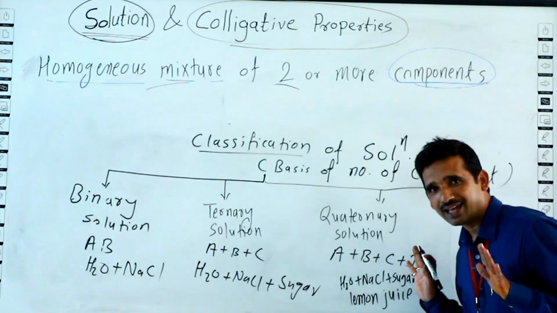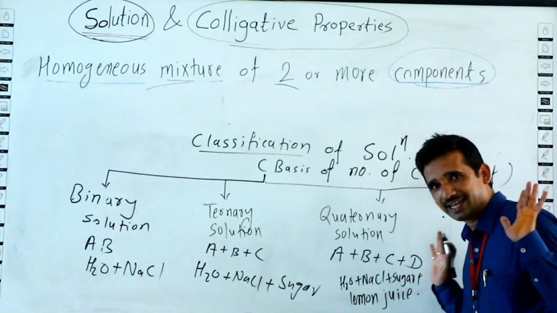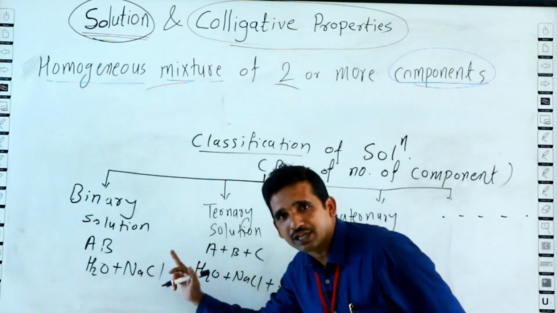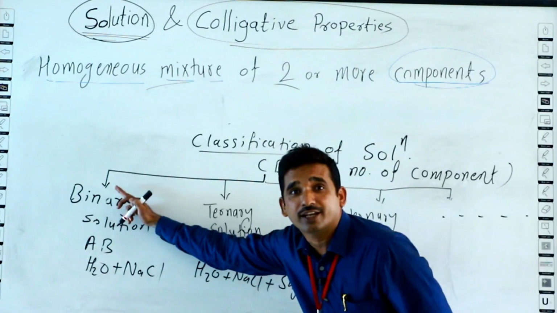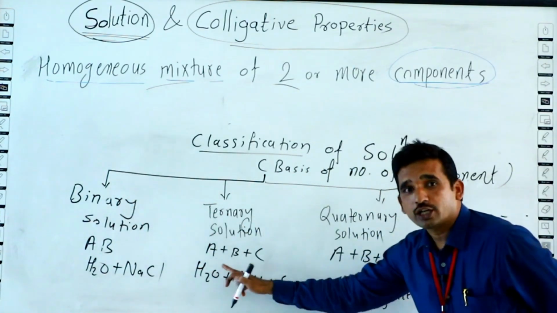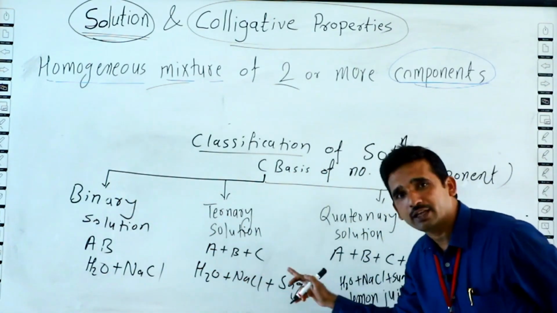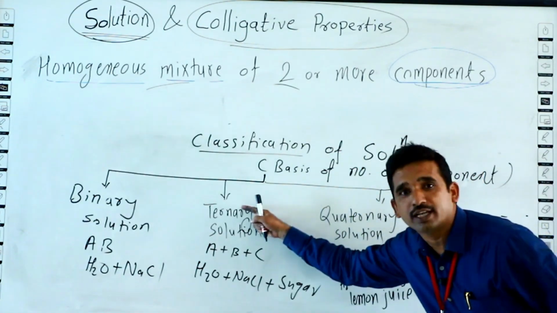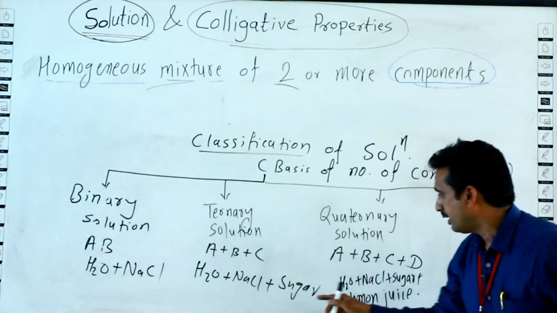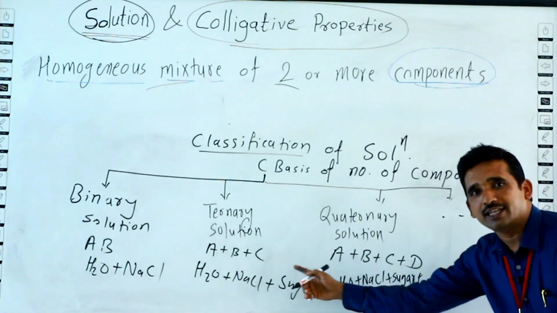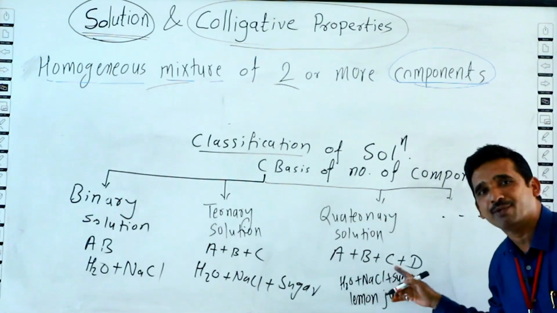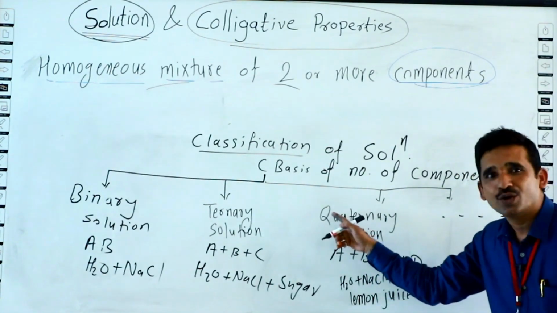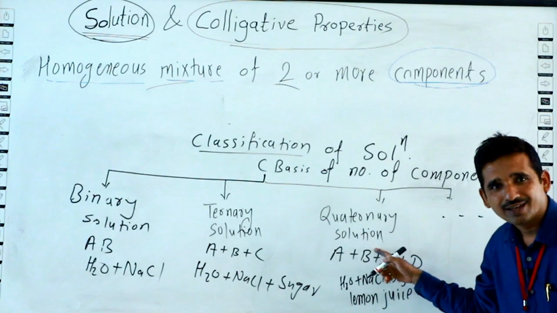Water plus NaCl, shake well, the solution is a binary. वाटर NaCl, उसी में शुगर ऐड कीजिए, शेक वेल, the solution is a ternary. If we add in this ternary solution some lemon juice, the solution is quaternary.